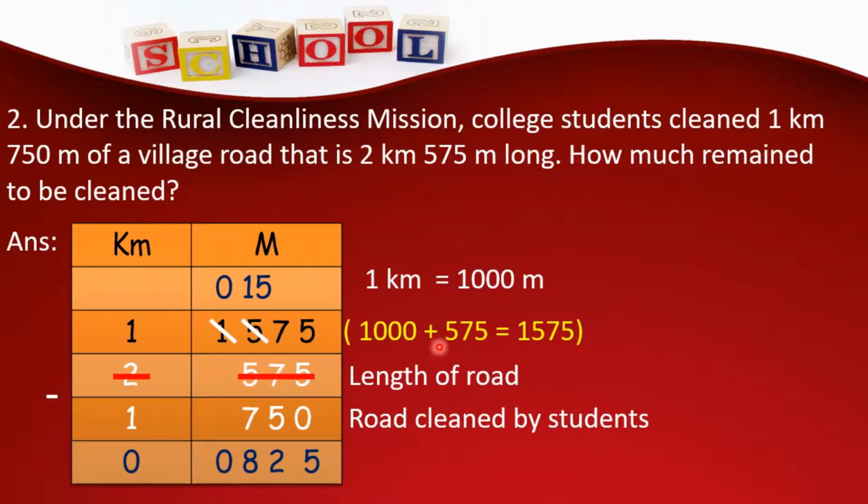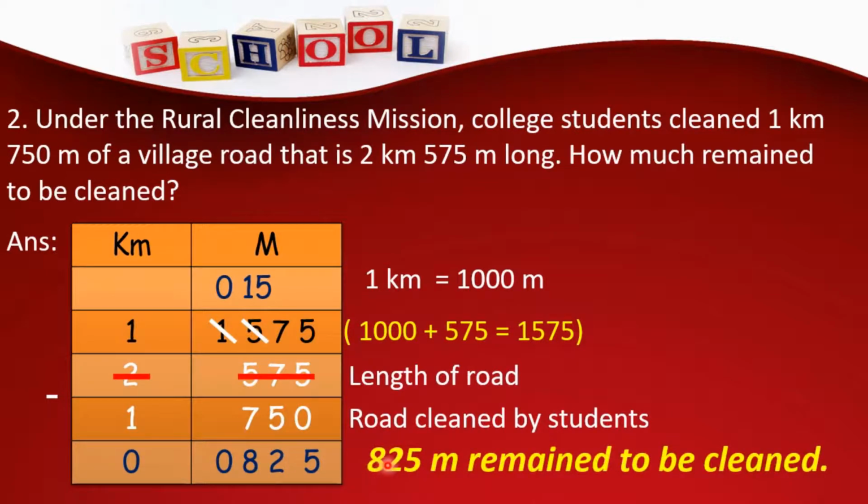So after adding, we have total meters in the column of meter is 1575, and as we have borrowed 1 kilometer from these 2 kilometer, here it remains 1 kilometer. So let's do the subtraction, and after subtraction we get that 825 meters of road remained to be cleaned.